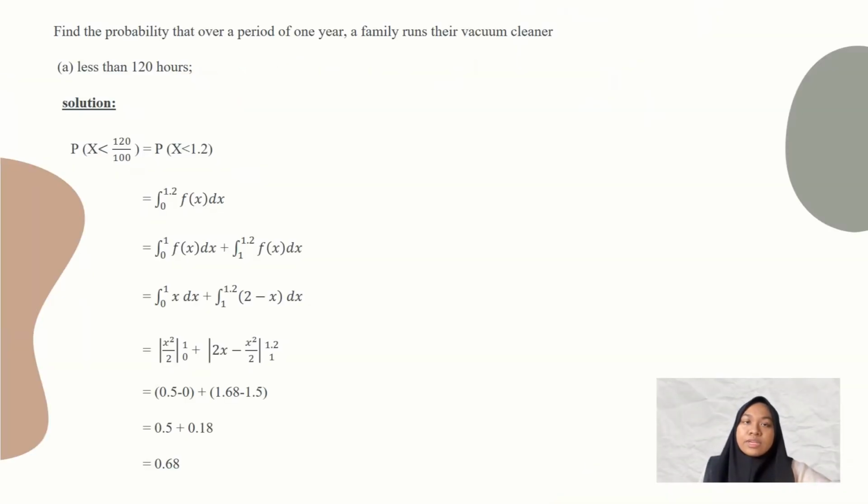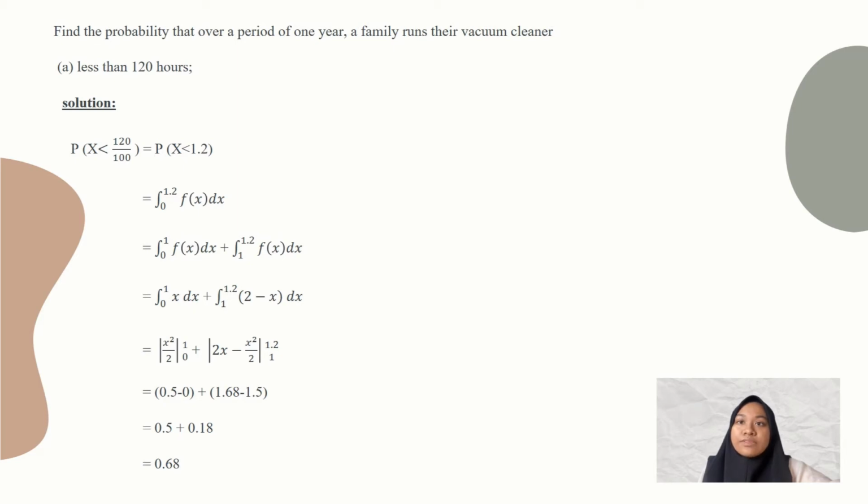Question A. Find the probability that over a period of 1 year, a family runs their vacuum cleaner less than 120 hours. So, the solution is X is the total number of hours measured in units of 100 hours. We must find the probability that X is less than 1.2.